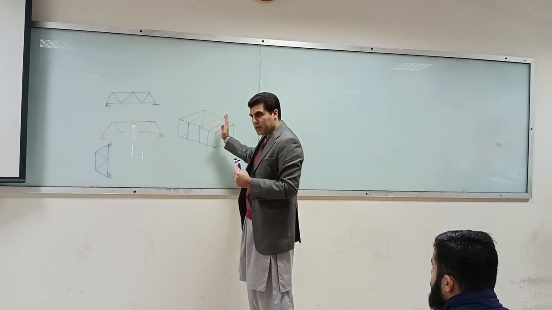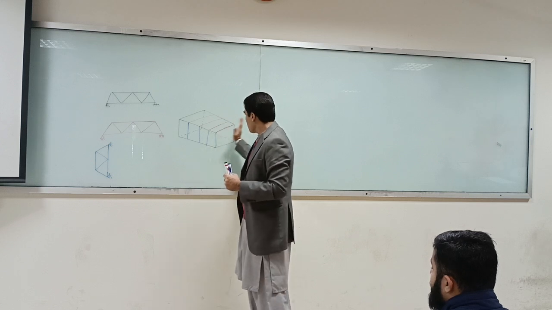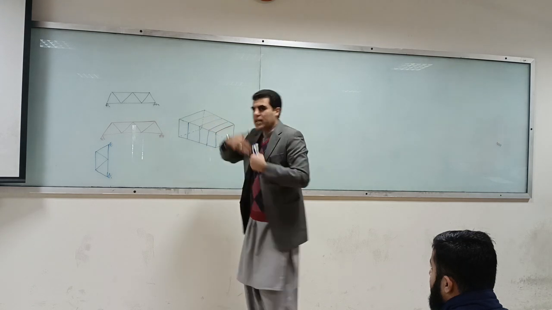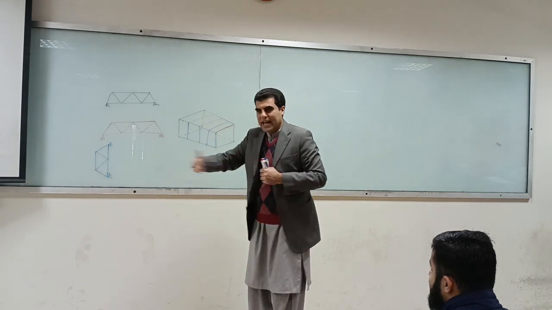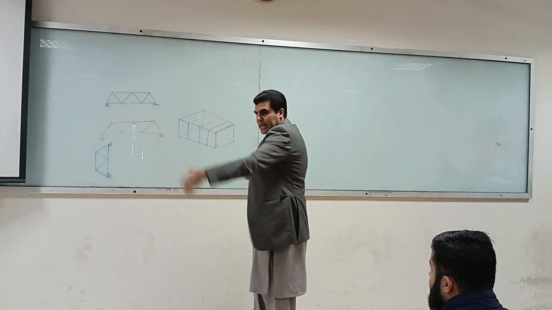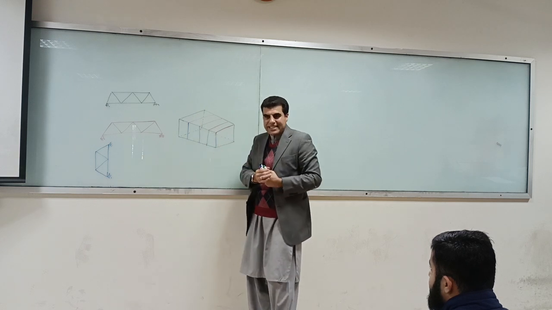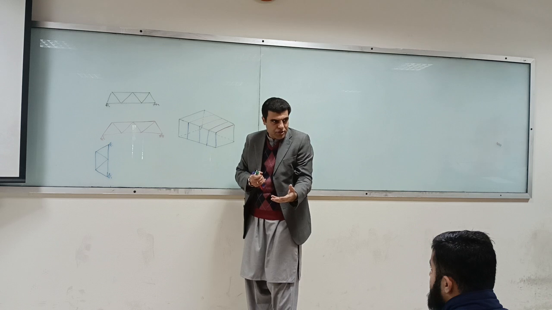This can have a domino effect, what we call. One truss can fall on another, another one can fall on another, and it can have a series of toppling down of these trusses. So we have to fit them in such a way that that doesn't happen. Do you understand my point?